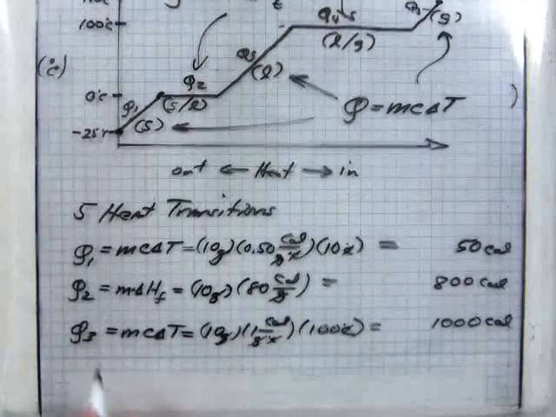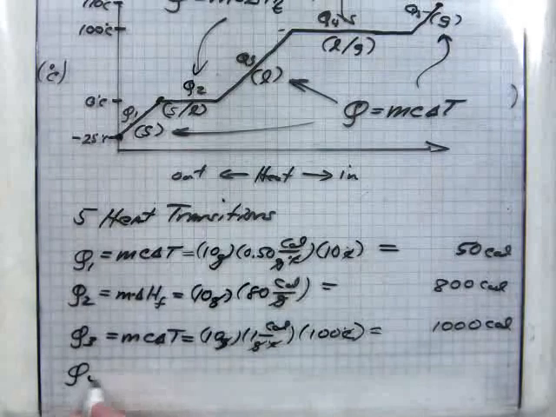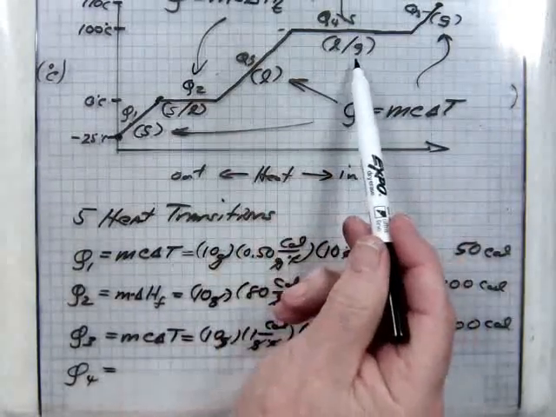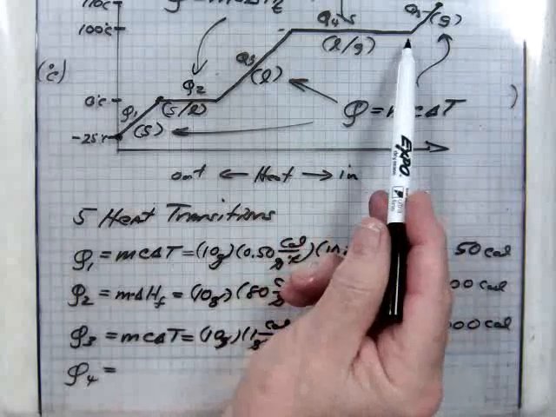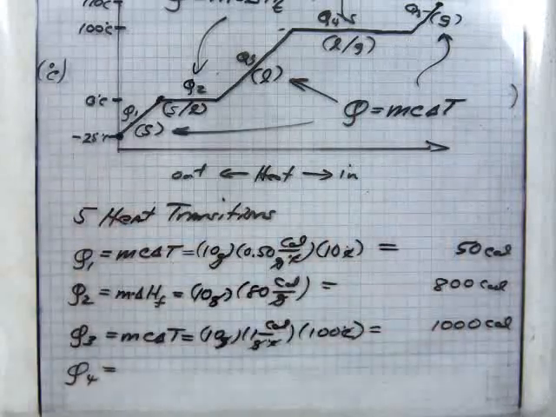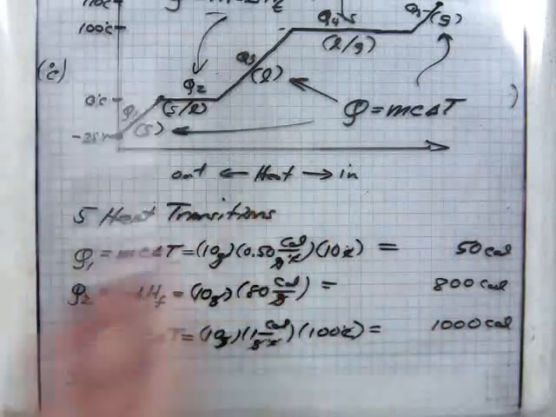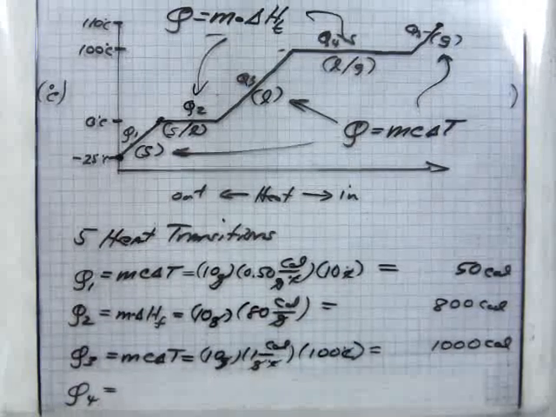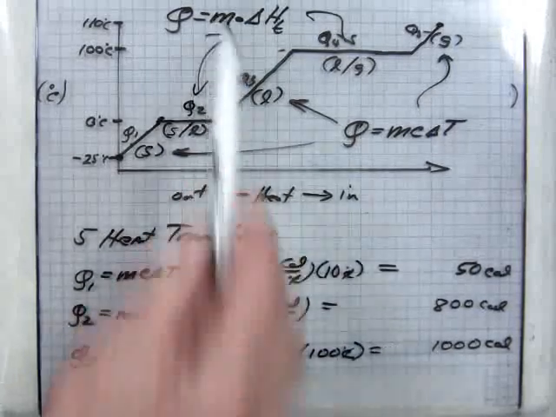So you continue. Region 4 is the liquid-gas interface. Notice this is a horizontal line, that means no temperature change. So I would have to use the M delta H transition equation here.